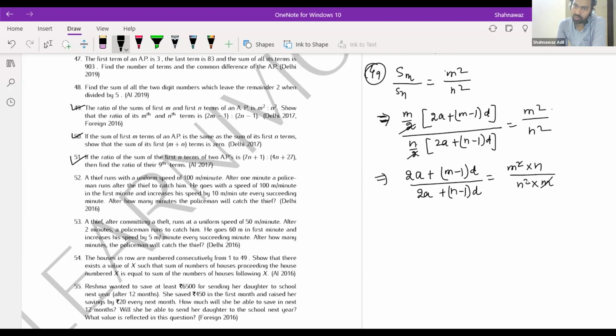So this m cancels, this m cancels. So we have 2a plus m minus 1 into d and 2a plus n minus 1 into d, equal to m by n, right guys?